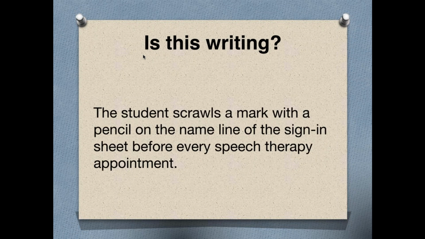How about this? The student scrawls a mark with a pencil on the name line of the sign-in sheet before they see their speech therapist each week. Is that writing? Very well could be. We don't know. We don't know for sure that when we ask the student to write their name that they are cognitively understanding yet, that they are reducing the idea of their name to a written form in order to represent their name with text.